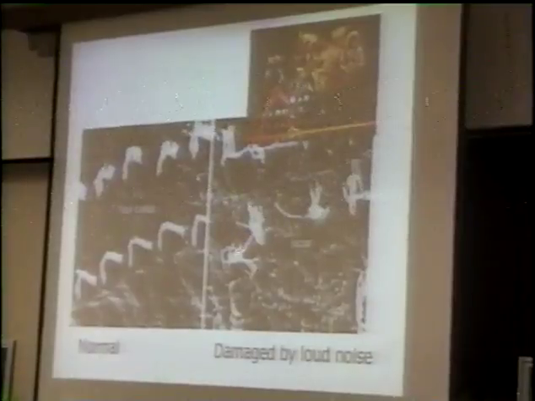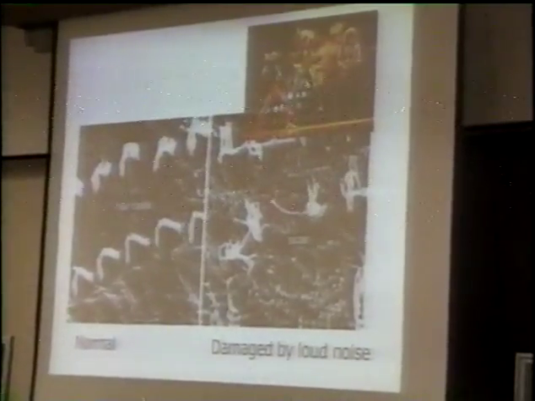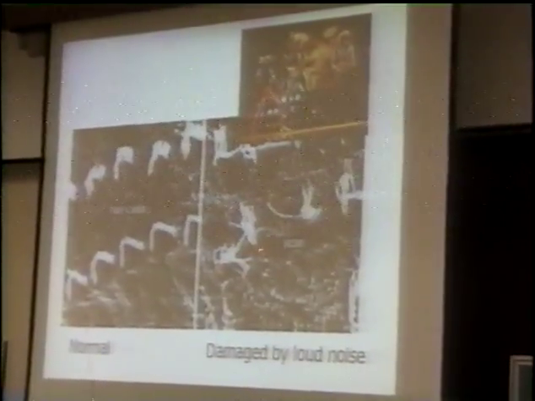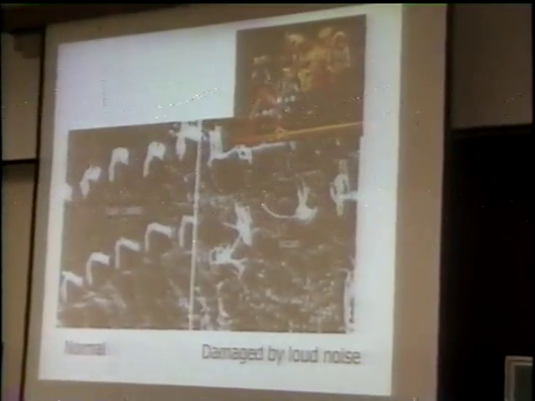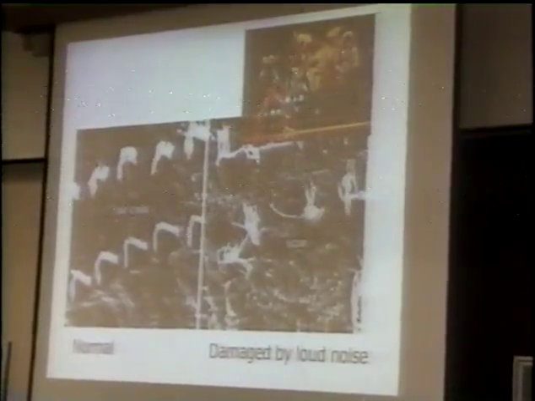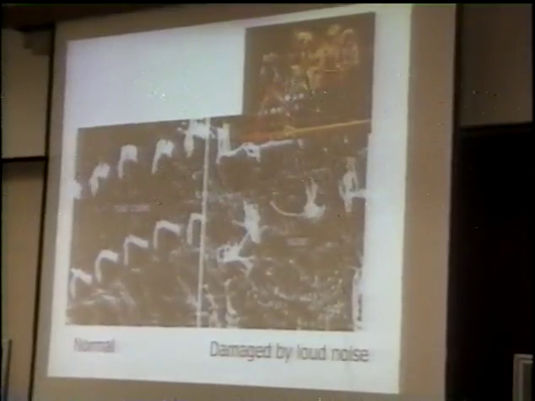So these rock and roll musicians are cranking up the amplifiers all the time. And so you can actually see scar tissue in the cochlea as a result of damage. So the hair cells are not going to open properly, stress-activated channels won't open properly. So watch out for loud noise.